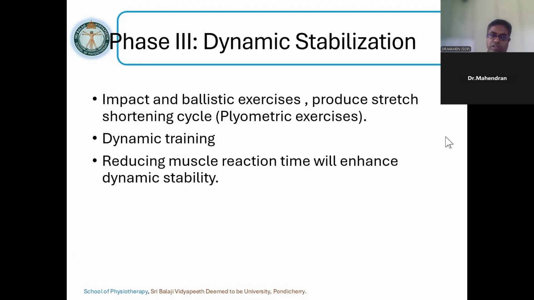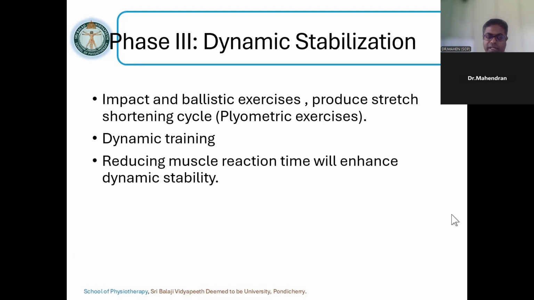The last phase is known as dynamic stabilization. In this stage, we are increasing the threshold further. We can use some ballistic forms of exercises, like reduced stretch-shortening cycles, plyometric exercises, or any other dynamic training.